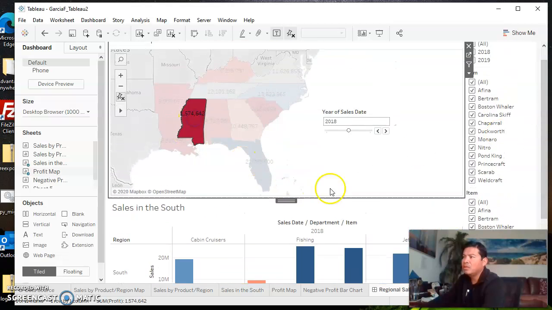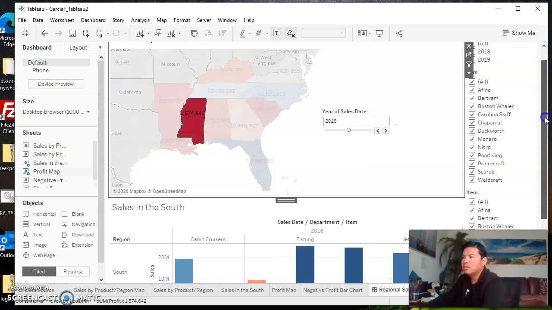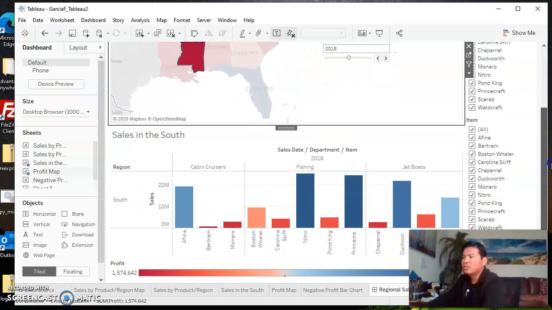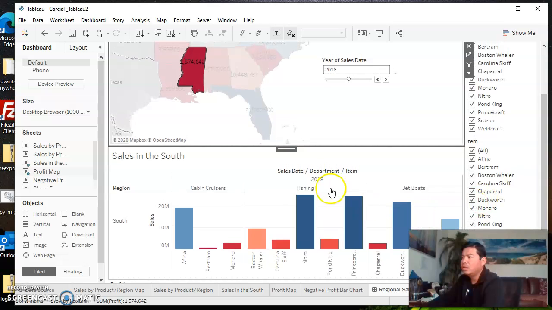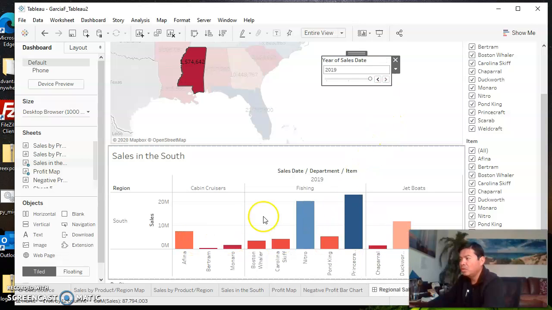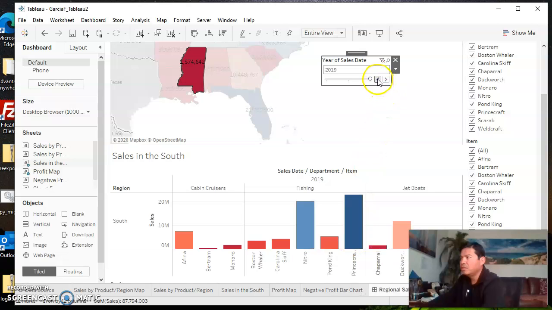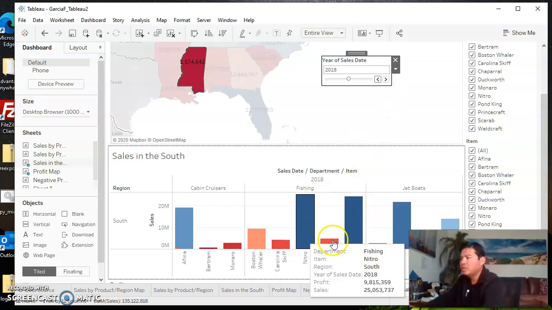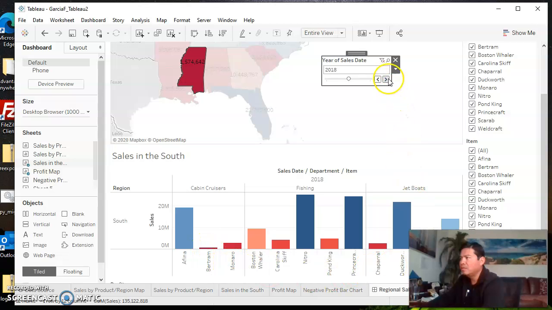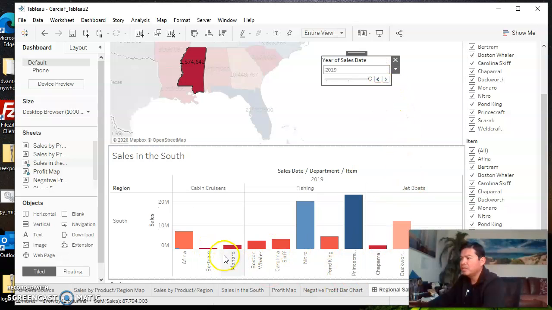And also we can look at the state of Mississippi. And here for 2018, we can also look at 2019, which is a very low number of sales. These products are just not selling in this state.